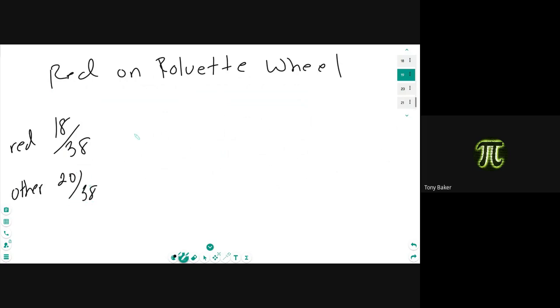Okay. So you're betting $1. We're going to make this simple. If it lands on red, you win $2. And if it lands on other, you win nothing. So you double your money if it lands on red, and you win nothing if it lands on other.